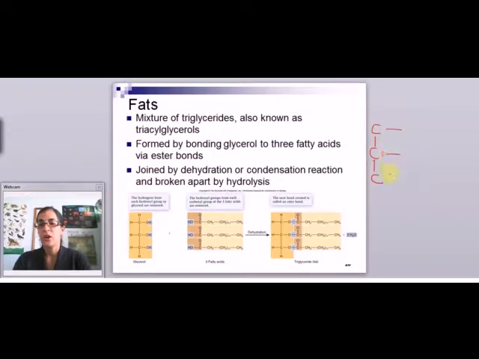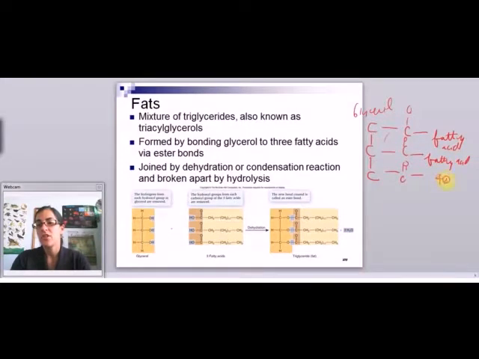Each one of the carbons on the glycerol is attached to a chain of carbons called a fatty acid. So each fat is a glycerol attached to 3 fatty acids.